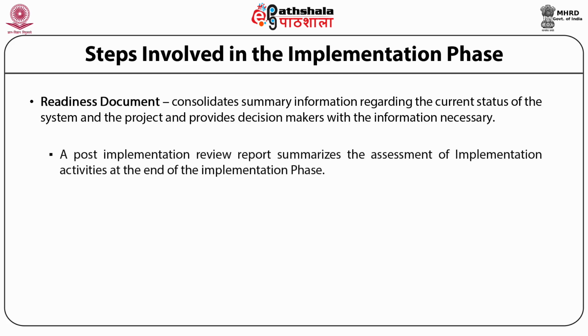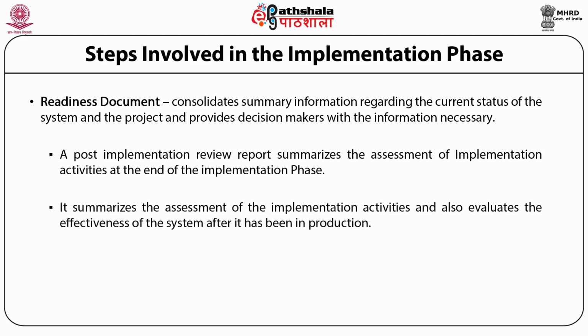A post-implementation review report summarizes assessment of the implementation activities at the end of the implementation phase. Now, this evaluates the effectiveness of the system after it has been in production. It helps to determine if the system does what it is designed to do.